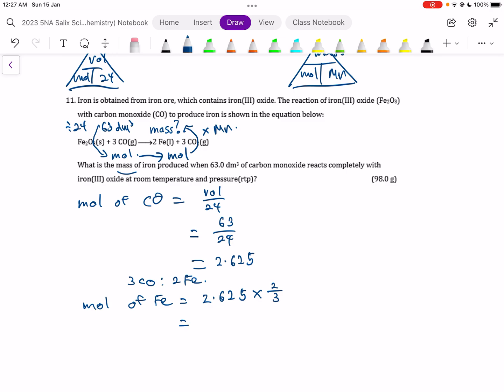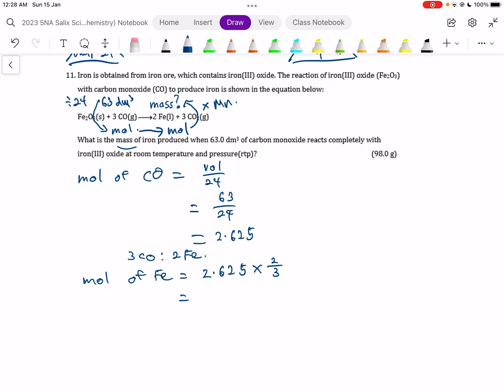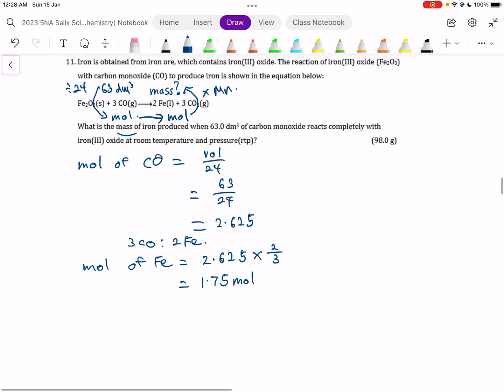From 3 units you want to find 2 units, so multiply by 2/3. Let me check the answers. This is 1.75 moles. The last thing to do is find the mass of the Fe.